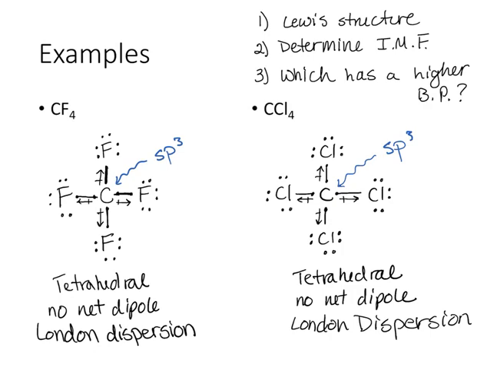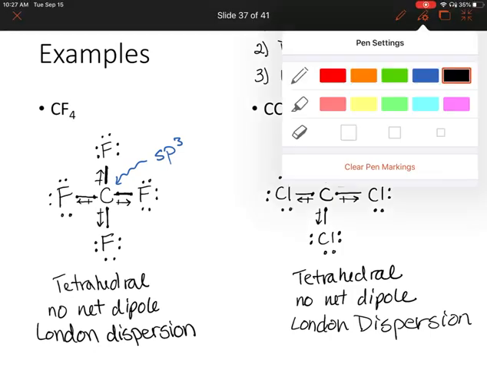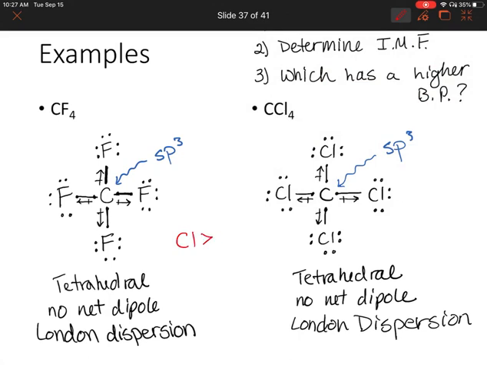Chlorine is bigger than fluorine. It might be worthwhile to go back and go over some of those periodic trends like atomic size, ionization energy, etc. If chlorine is larger than fluorine, then which molecule would have the greater surface area? CCl4.